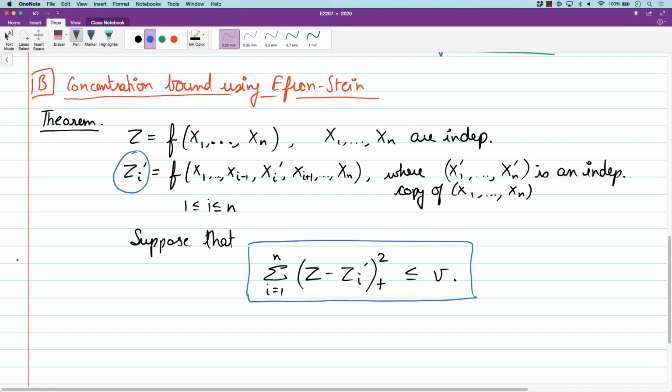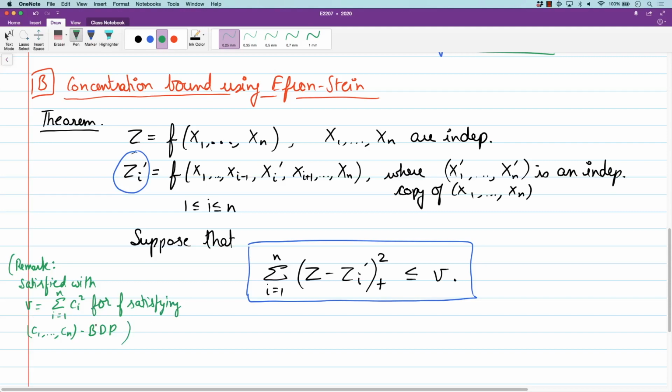So a side remark here. This is satisfied with v equal to summation ci squared for f satisfying the C1 to Cn bounded difference property.